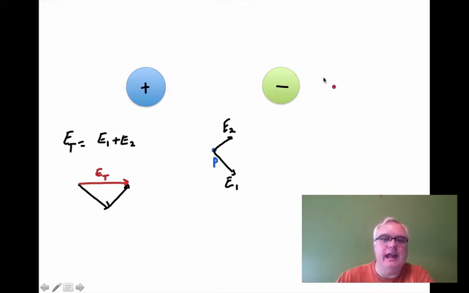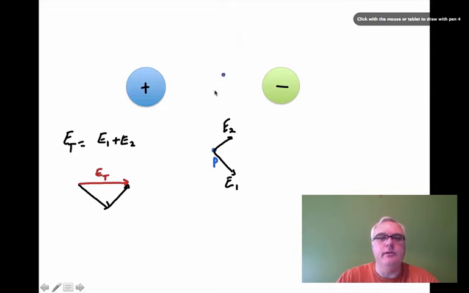And we can do that at any point around this example. Any point up here, any point in between, to the left, to the right, it doesn't matter. All you're going to do is find the magnitude for each electric field and add them together, drawing a vector diagram to find your resultant.